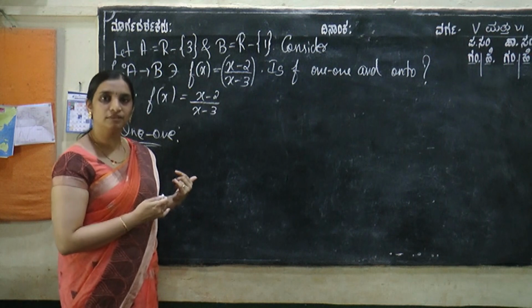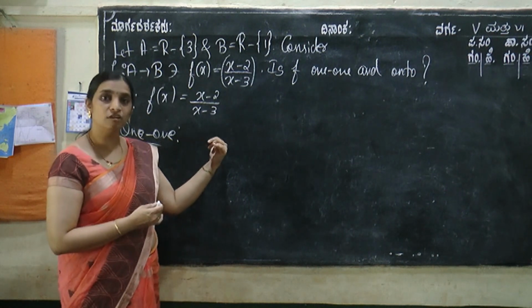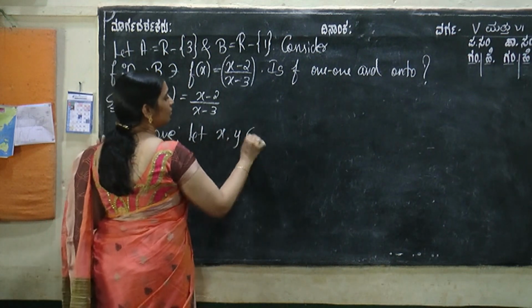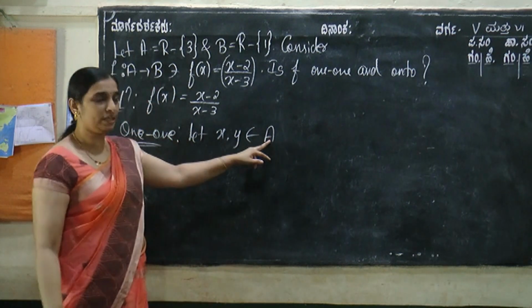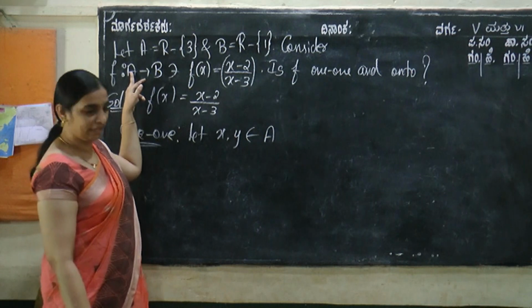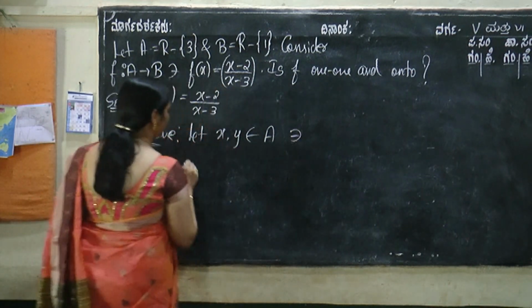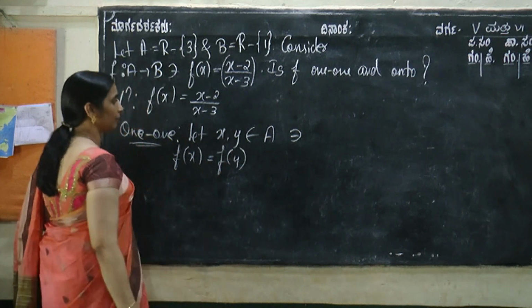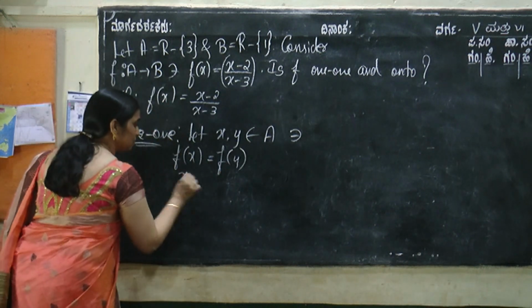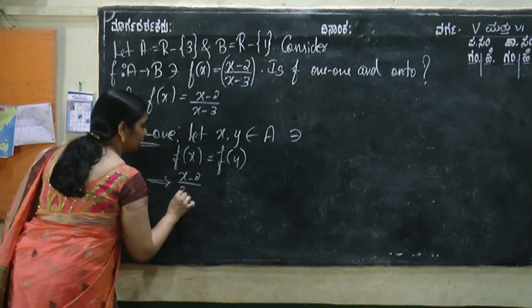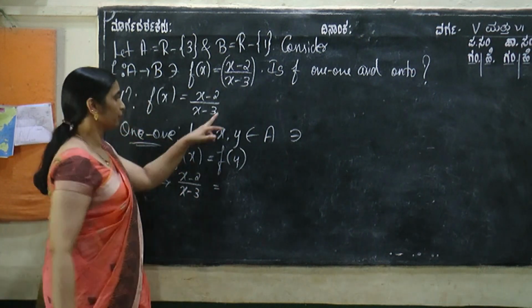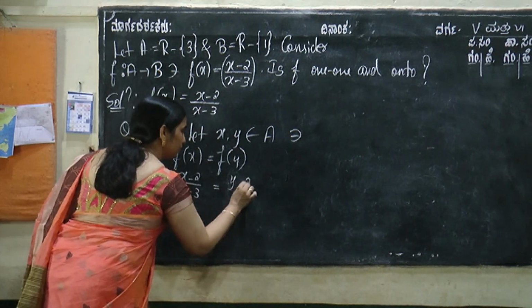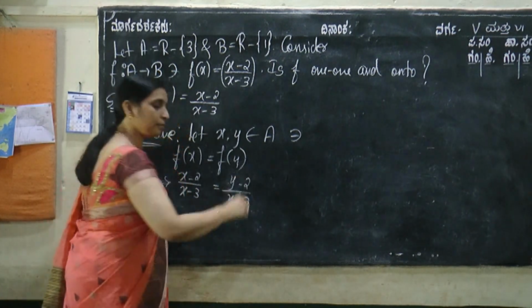But whenever we solve problems, we use the contrapositive method. So, let x and y belong to A. Domain is nothing but set A here, such that f of x is equal to f of y. So x minus 2 divided by x minus 3 equals f of y, which means replace x by y: y minus 2 divided by y minus 3.